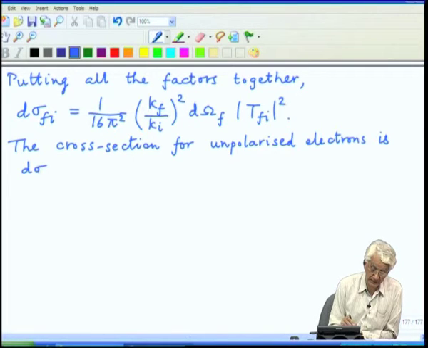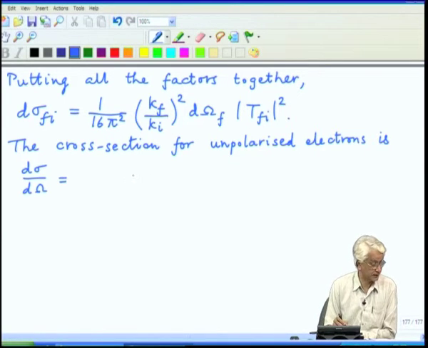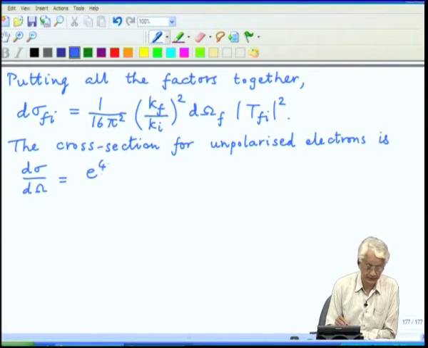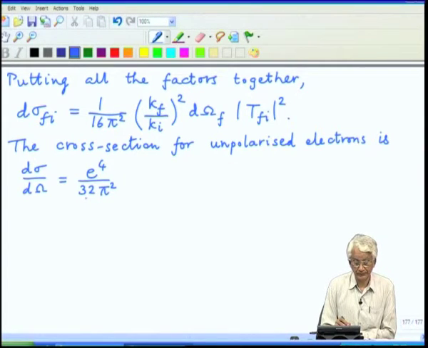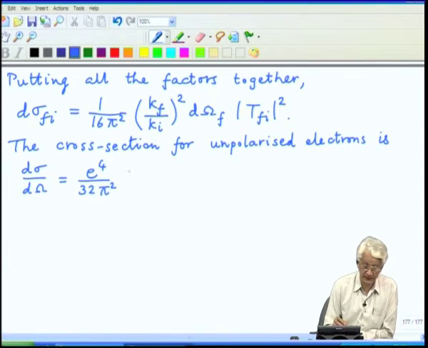So, the result looks like d sigma by d omega. We had written out T_fi earlier, so I am just going to count those things explicitly. This extra factor of half comes in because we are averaging over the initial spin, but summing over the final spin. So, there is a half in there, and now there is a big trace, where all the various projectors appear.